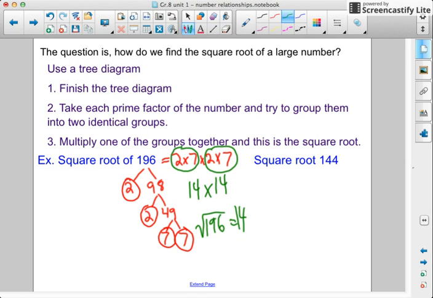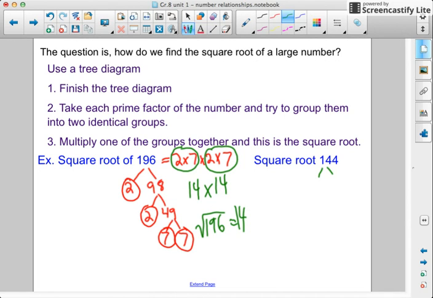So that's an example for that one. We'll try another one here. 144. Might have to write a little bit smaller. So if you use different factors to multiply to give you the higher number, that's just fine. You'll end up with the same tree diagram anyway.